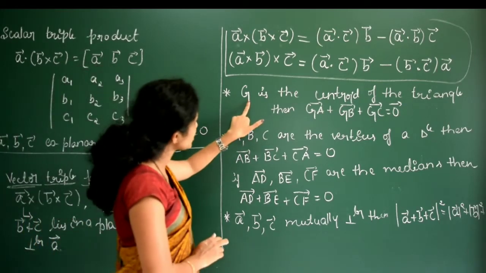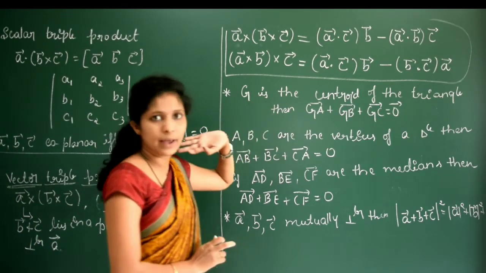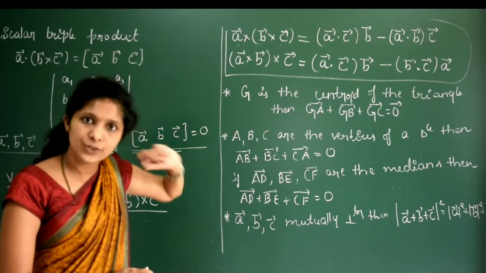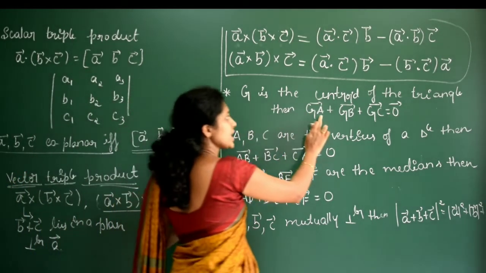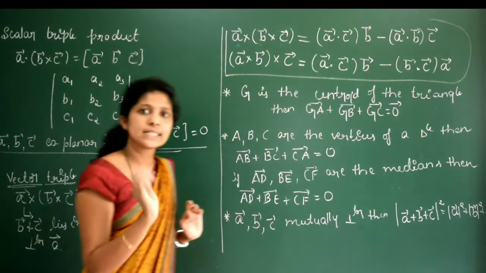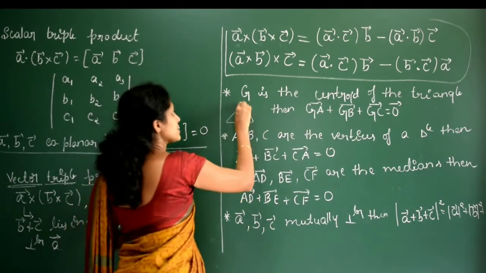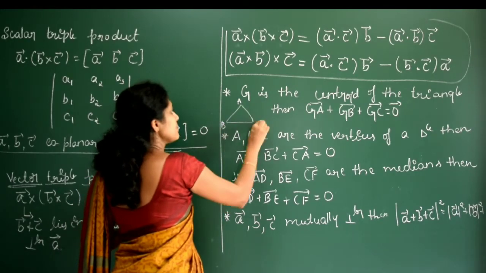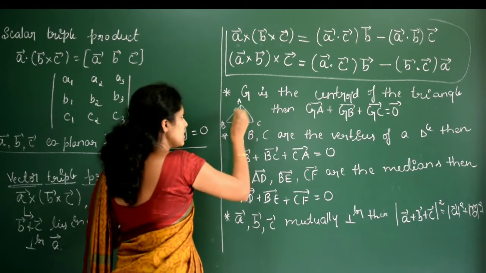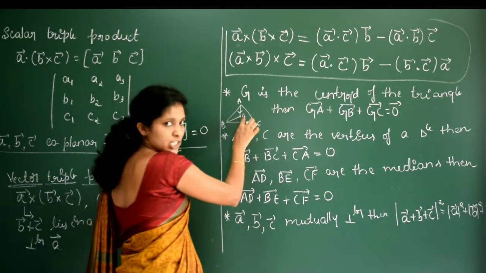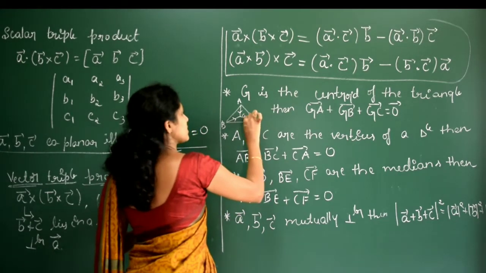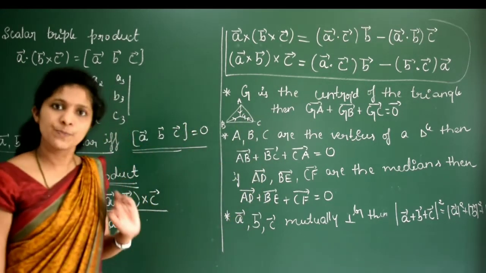See, if G is the centroid of a triangle, you know about the centroid, right? Then remember GA vector plus GB vector plus GC vector is always equal to 0 vector. If this is a triangle ABC and G is the centroid, then AG vector plus BG vector plus CG vector is always equal to 0.